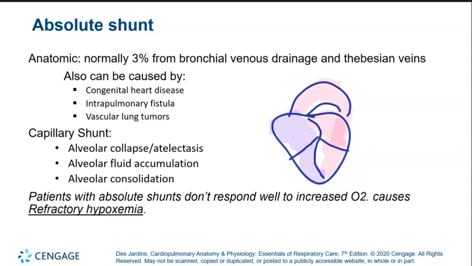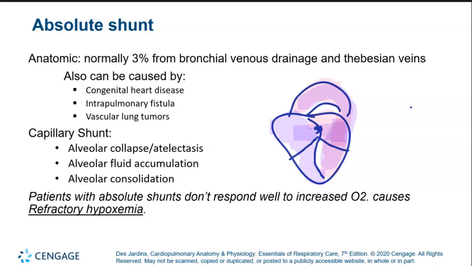So in babies, sometimes they have congenital heart diseases where there's a hole here. So then that causes some of this unoxygenated blood to go into the left side of the heart directly and get pumped out, reducing the overall percentage of oxygen saturation.